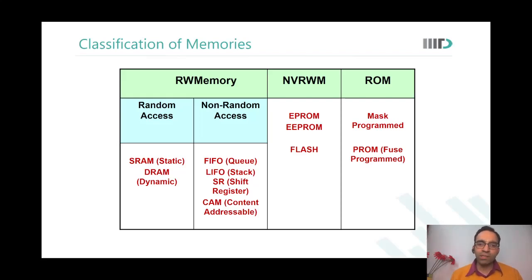What are EPROMs and EEPROMs? Electrically programmable ROM and electrically erasable and programmable ROM. So flash is actually an EEPROM only, a different kind, with a different density. We will look at it in detail in the later part of the course.